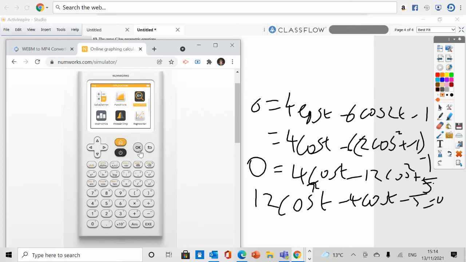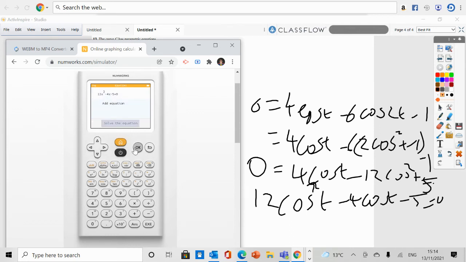For some reason, it doesn't want to solve it. So put 12, negative 4, and a negative 5. It will solve my quadratic equation.